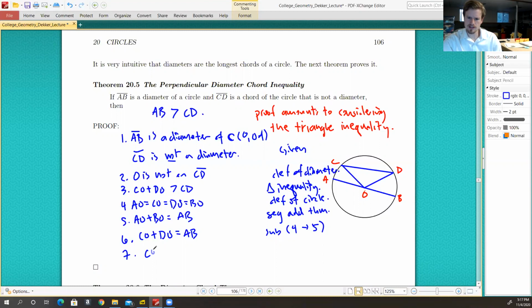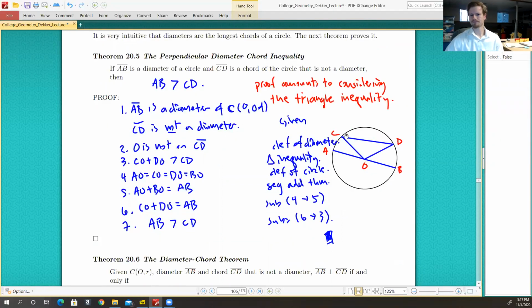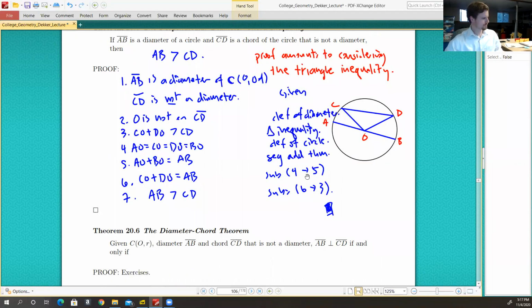So AB is greater than CD, since CO plus DO is AB. That's by a substitution of line 6 into line 3. And that's exactly what we wanted to show. So we're all set there. Again, the diameter of a circle is the longest chord, longer than any other chord.